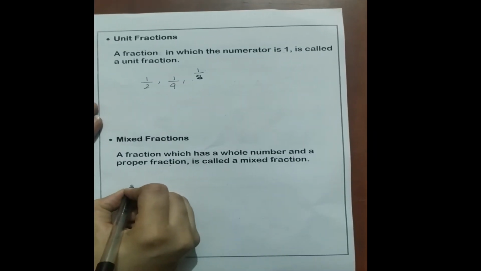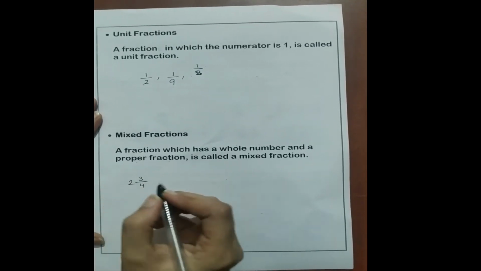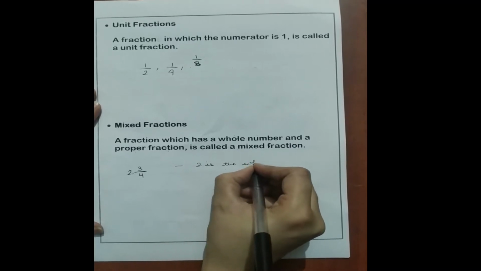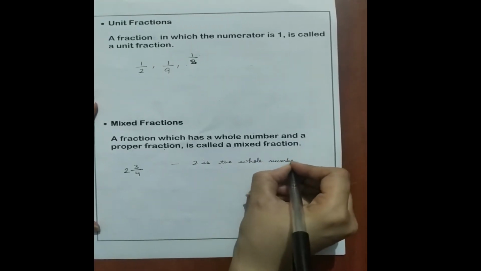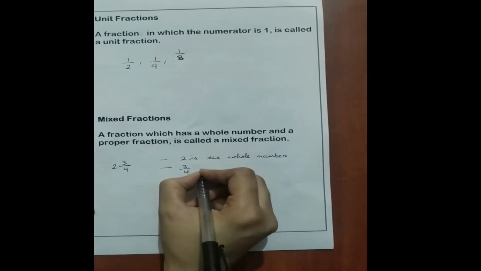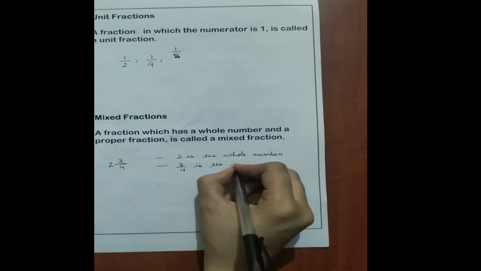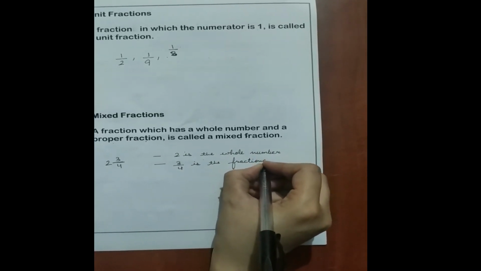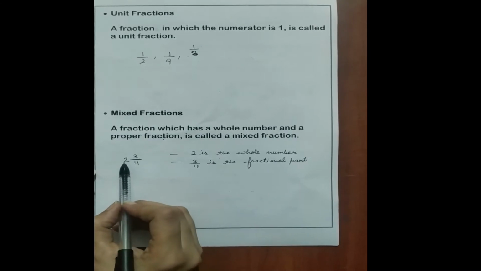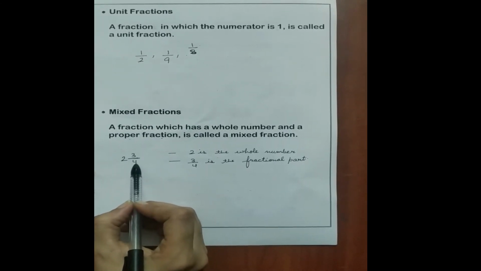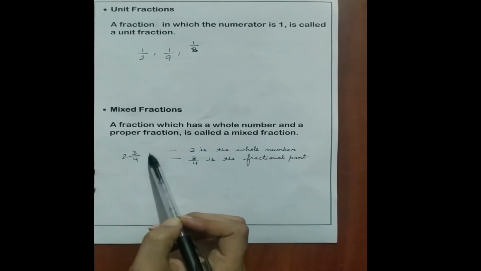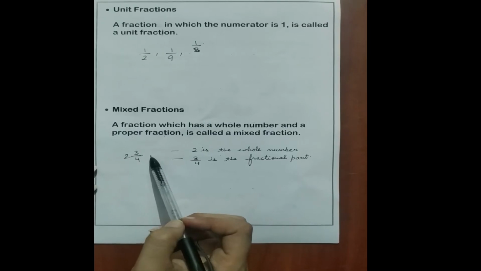For example, 2 3 by 4 is a mixed fraction in which 2 is the whole number, which is the integral part, and 3 by 4 is the fractional part.